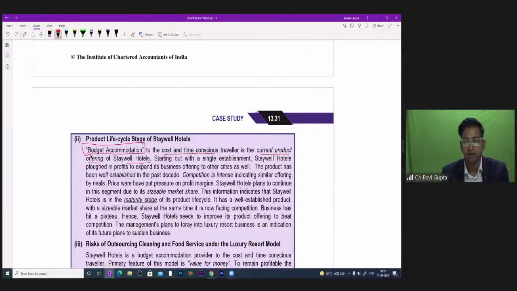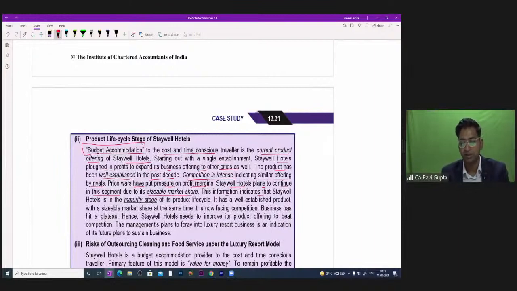Starting out as a single establishment, Stay Well Hotels plowed in its profit to expand its business, offering to other cities as well. The product has been well established in the past decade. Competition is intense, indicating similar offerings by the rivals. Price wars have put pressure on the profit margin. Stay Well Hotels plans to continue in this segment due to its sizable market share.